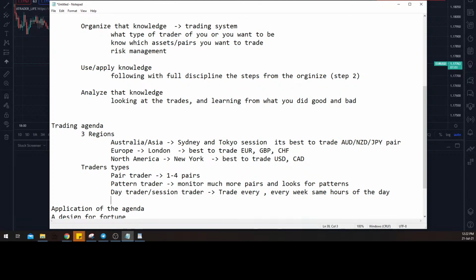Sometimes it might trade only the pairs that are for his sessions or her sessions. However, they can also go and look for multiple pairs that maybe do not initially belong to their session. So that's another one that can be done.